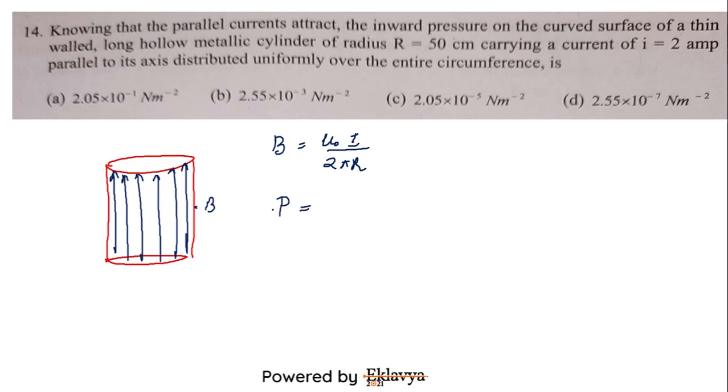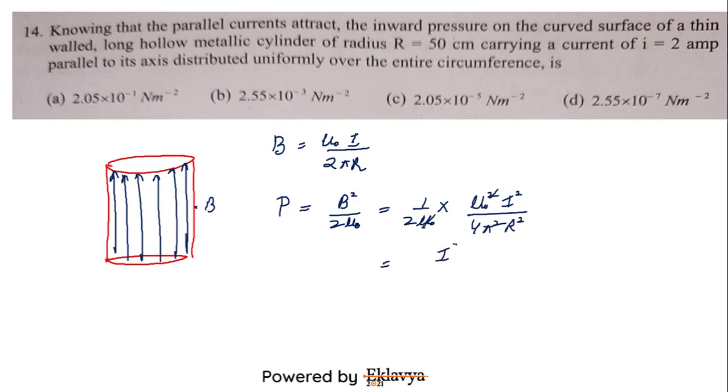Now the pressure due to this magnetic field, the formula for that is B square by 2 mu naught, and this is what we were supposed to do. Finishing this calculation will give us the result. So 1 upon 2 mu naught into mu naught square I square by 4 pi square r square. So we can cancel one mu naught, and that's all.